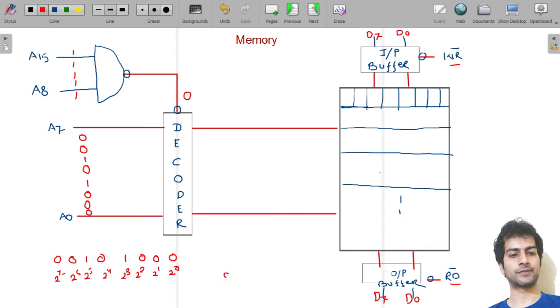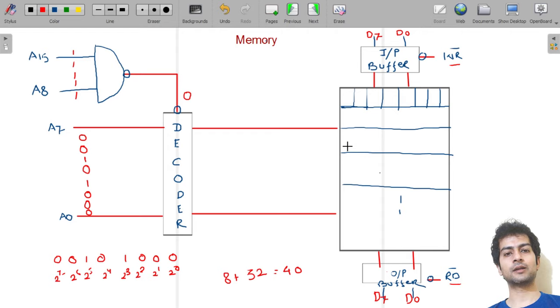So what will we get? We will get 8 plus 32, which means 40. So the decimal equivalent of this input is 40.